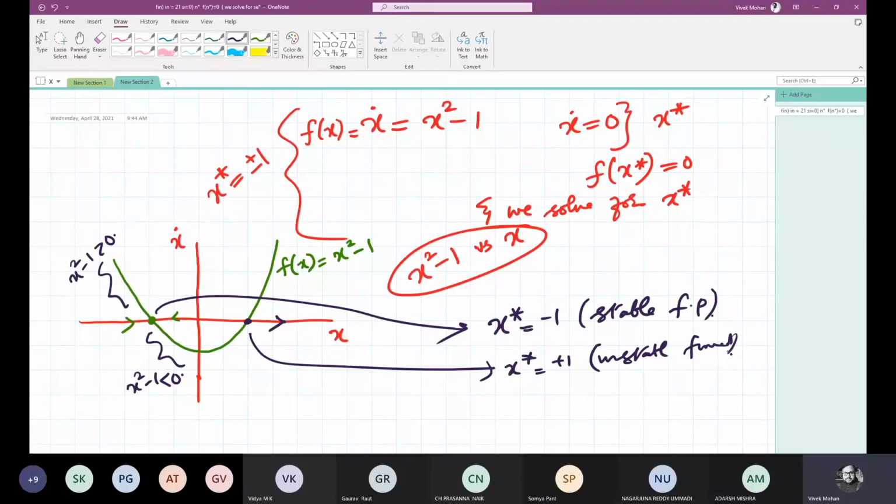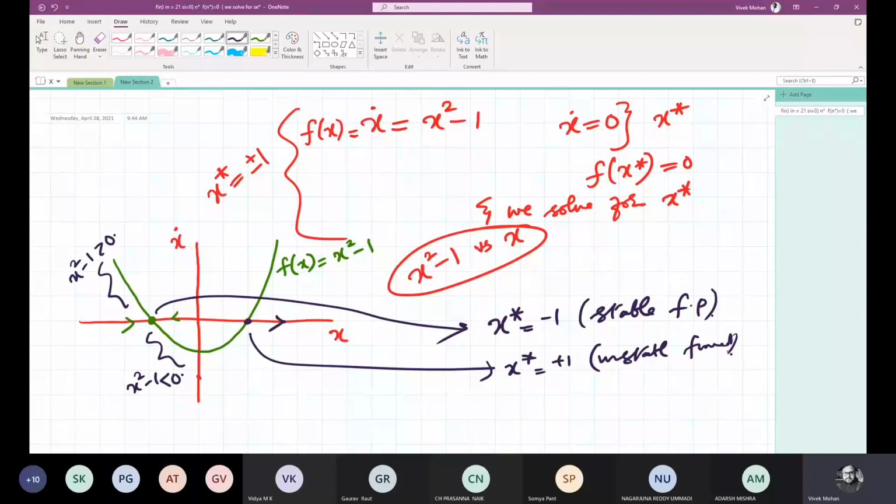At t tends to infinity, when it settles down, change with respect to time is not there. So it is trapped inside a fixed point, and to analyze whether that fixed point is stable or not, we have to give a small disturbance again and check whether it comes back to the same fixed point or goes away from it.